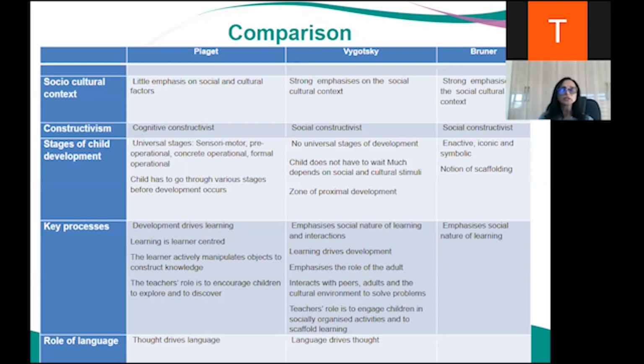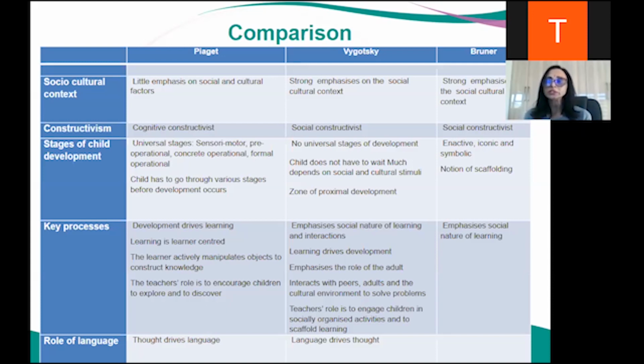Now, let us look at the key processes across each of these theorists. One of the key principles advanced by Piaget is that development drives learning, and learning is learner-centered. The learner actively manipulates objects to construct knowledge. The teacher's role is to encourage children to explore and discover.